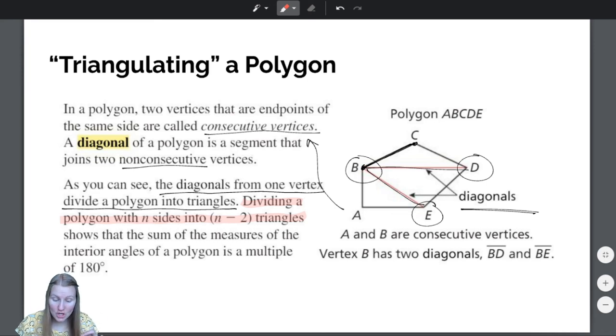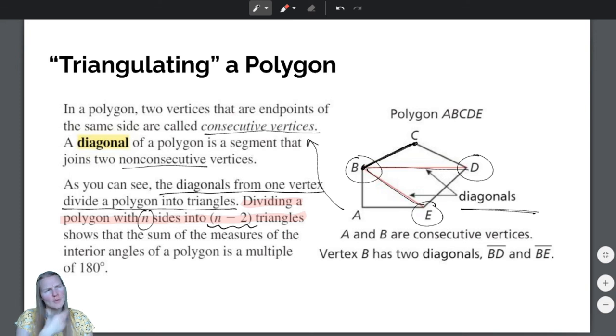So any shape, doesn't matter how many sides it has, you can divide it into n-2 triangles. And when we're back in the classroom, we'll do a fun activity where you triangulate the shapes and you can see how many triangles you can make out of a shape.